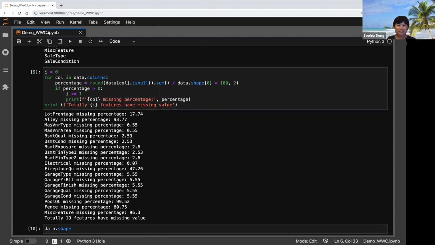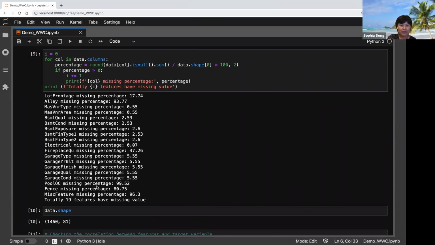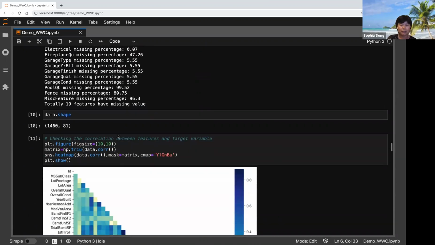However, if too much data is missing, for example this one is 93% missing, and another is 99% missing, I do not think that kind of data is useful. The missing data percentage gives us some idea of the missing data issue. If too much data is missing, we can remove those features.